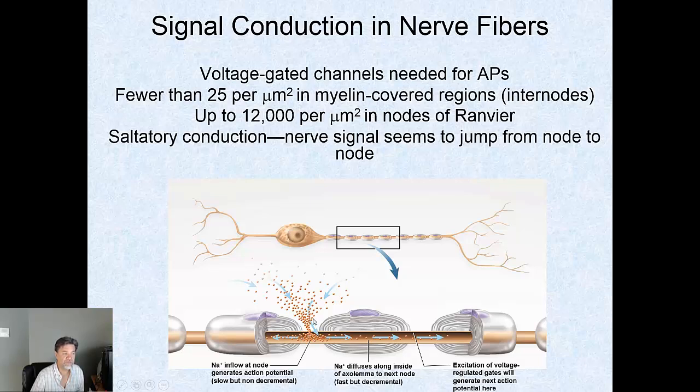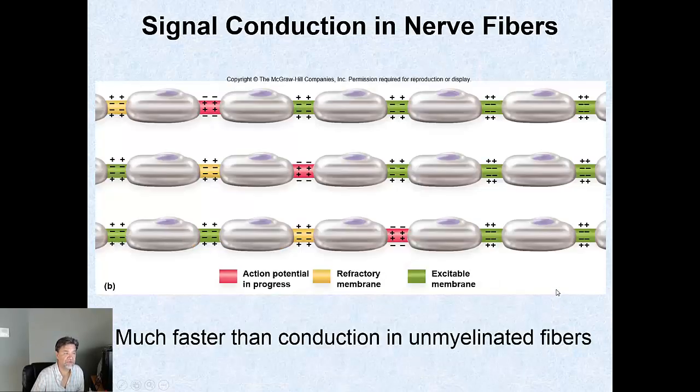And so you get a robust response and enough sodium leakage to depolarize this entire region to cause the action potential to remain self-propagating and non-diminishing until the next node of Ranvier, where it will be resustained again. So this appears to jump from node to node to node, and we get very rapid transmission this way.